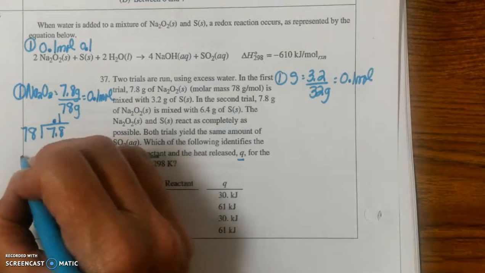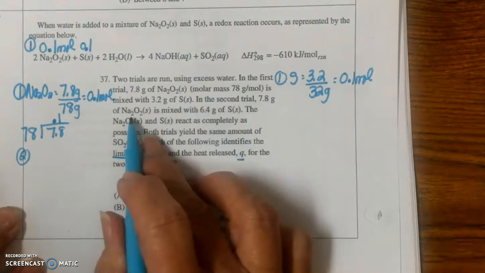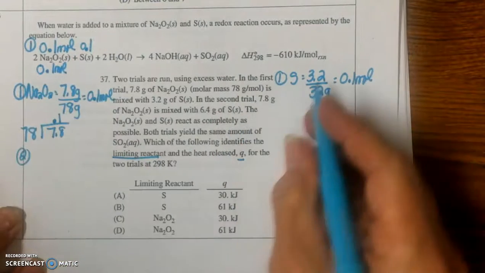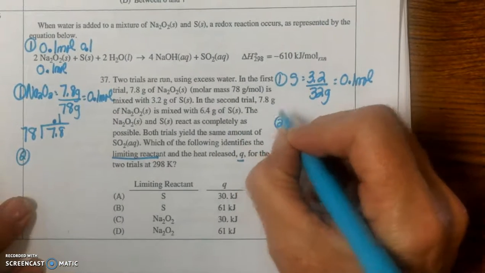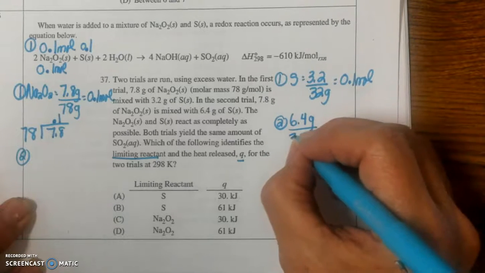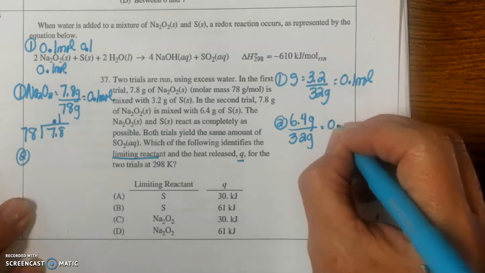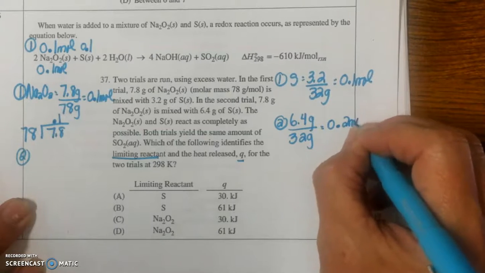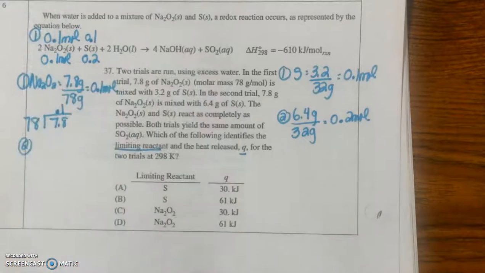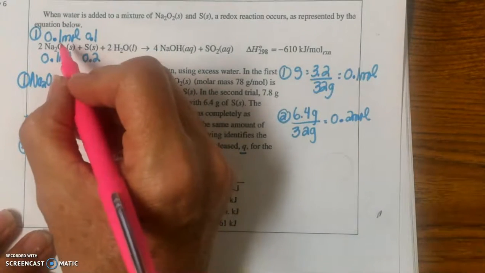In trial 2, I've got the same amount, notice, of this one. But for sulfur, I have 6.4 grams this time, or double the amount, which means that this is going to be equal to 0.2 moles.